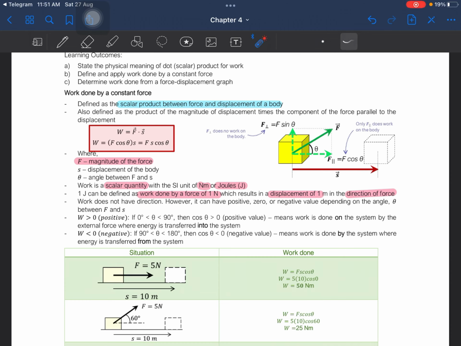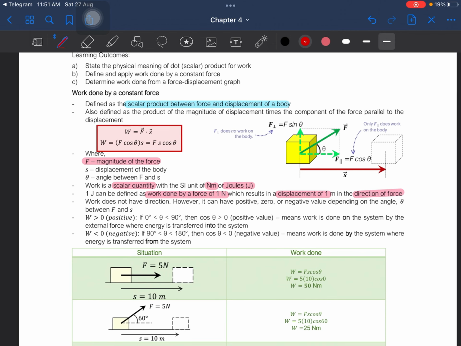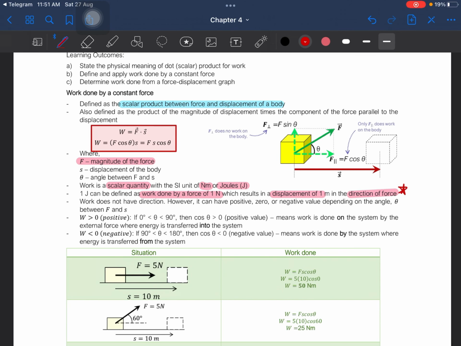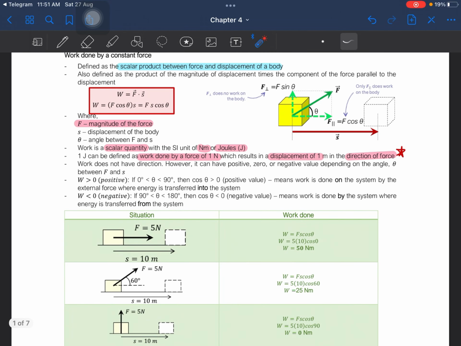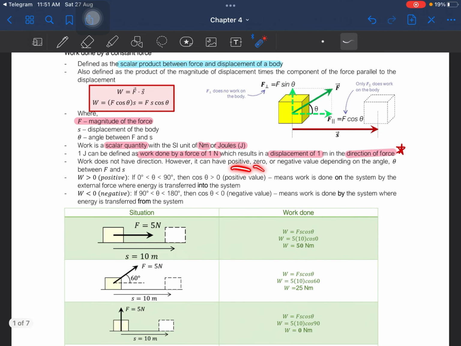In UPS, sometimes it will ask you the definition of 1 joule. Please note that work does not have direction because it is a scalar quantity, but it can be positive, 0 or negative depending on the angle theta.